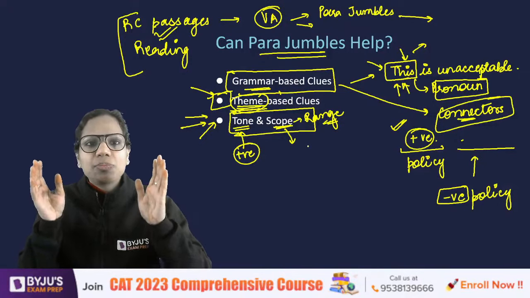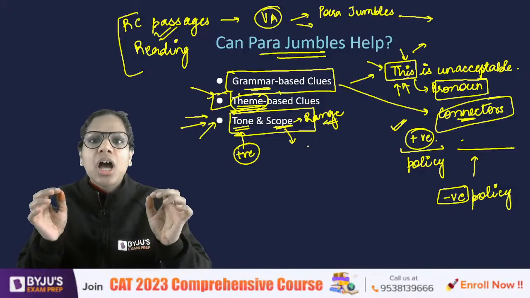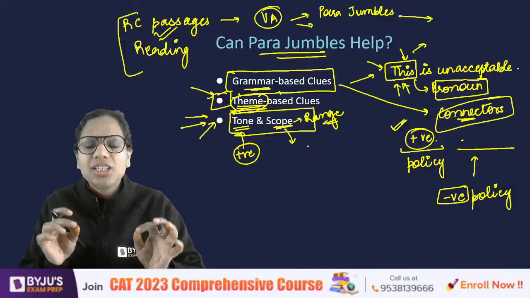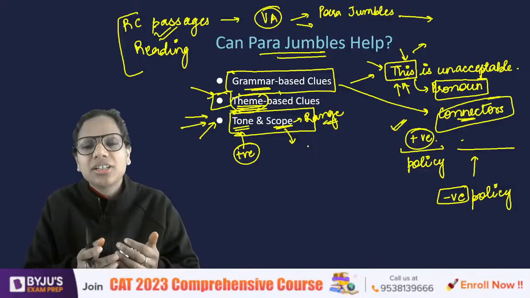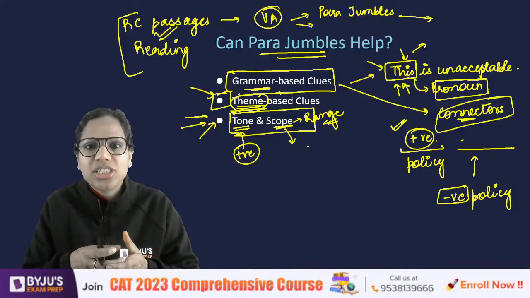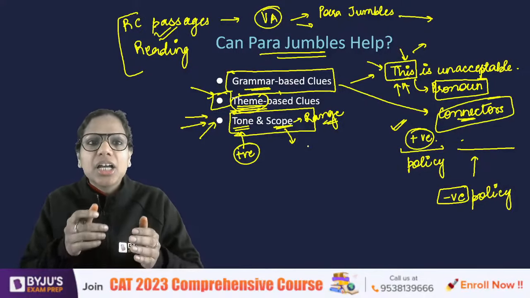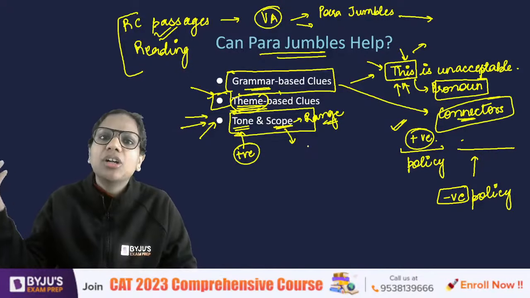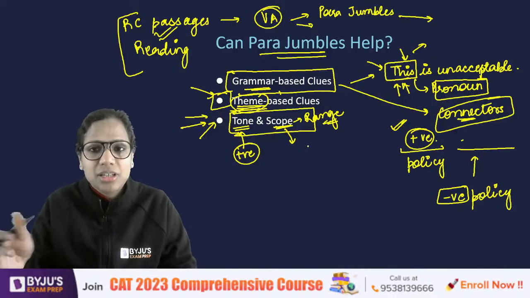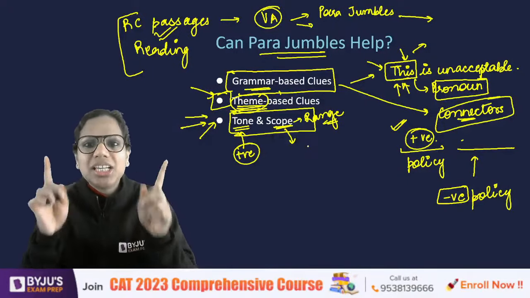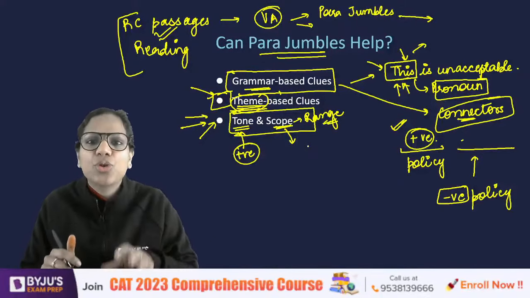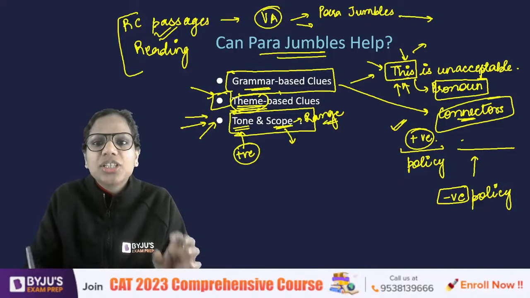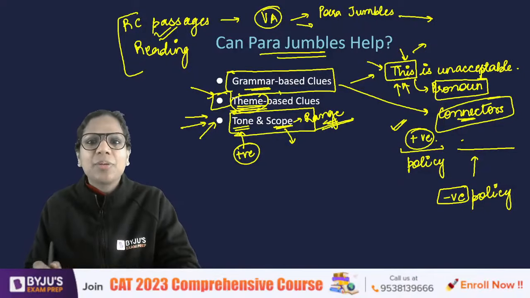If the paragraph is talking about how poverty is a social evil, it is talking about its social evil aspect, the social disadvantages or the social negative consequences of poverty, then if the other sentences are talking about it and a sentence is missing there, suddenly that sentence won't start talking about, let's say, the economic aspects instead of the social aspects. Because the range right now is focusing on its social negative consequences, not on the economic negative consequences. You get it? So, this is the range of discussion in any paragraph.